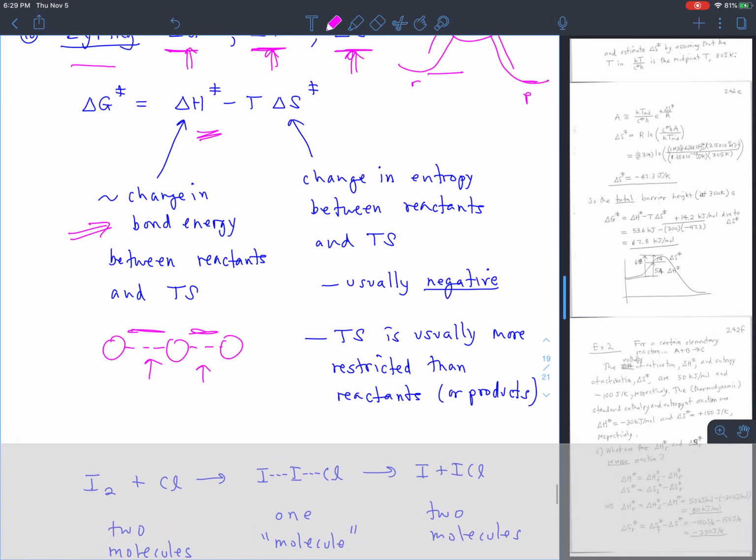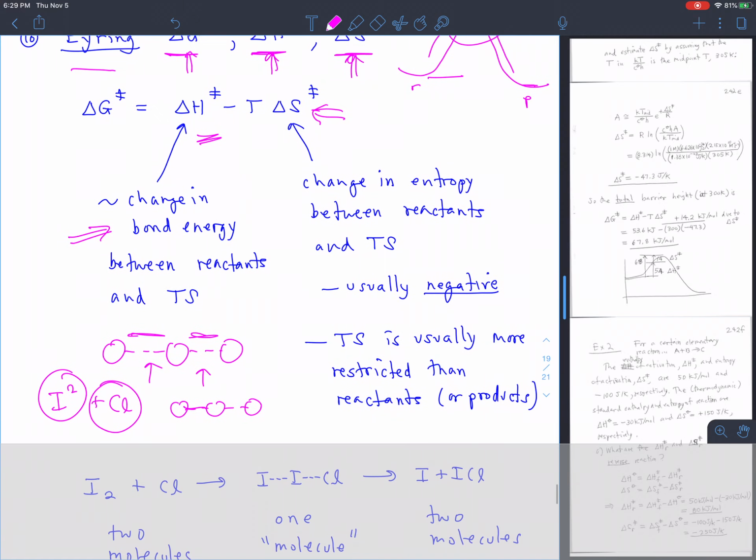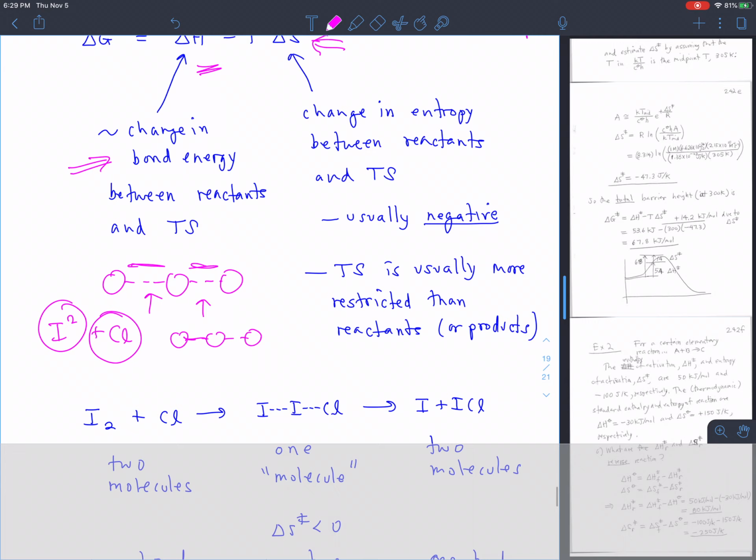On the other hand, if you're talking about the entropy change that took place in going from I2 plus Cl, where two molecules are completely free, to this transition state, which is kind of a weak molecule, right? It's only one molecule, though, not two. So the delta S looks smaller for the transition state here than it did for the reactants.